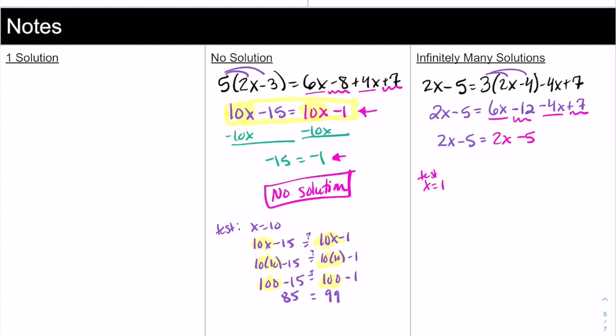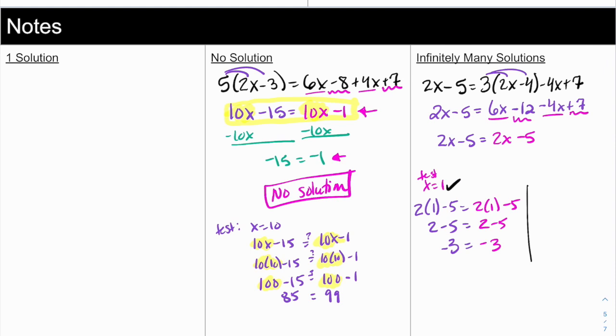So if we test x equals 1, on the left-hand side, we would have 2 times 1 minus 5. On the right-hand side, we would have 2 times 1 minus 5. So on the left side, we would get 2 minus 5, which is negative 3. On the right-hand side, we would also get 2 minus 5, which is negative 3. So 1 is a solution because it makes the equation true.